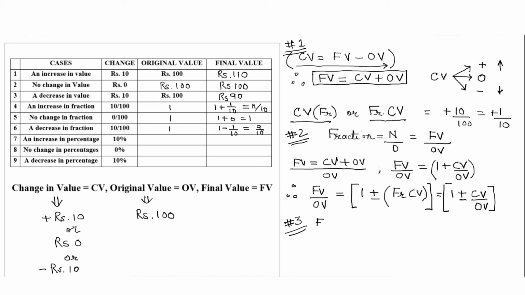So now when we are talking about percentages, instead of value, we'll be putting it as percentages. So final percentage, let me represent it first. Either we'll say change in value for percentages, or we can simply put it as percentage change in value, or we can also say change in percentage.